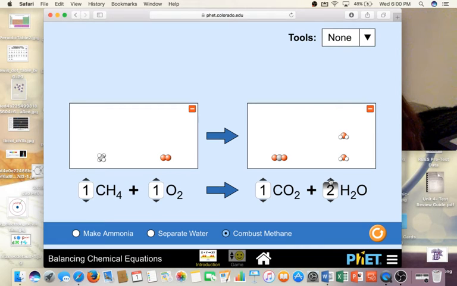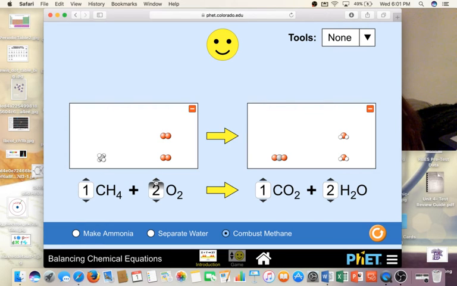Now, I happen to have the same amount of hydrogen, 1, 2, 3, 4, as my reactants, 1, 2, 3, 4. But I'm still uneven with my oxygens because I have 1, 2, 3, 4 red balls on this side, and I have 2 over here.